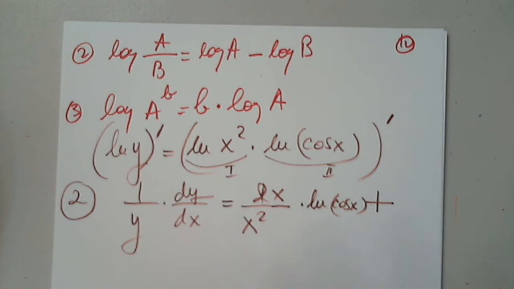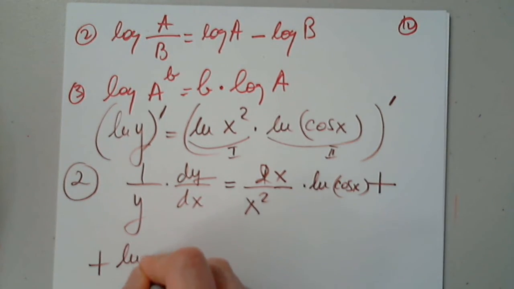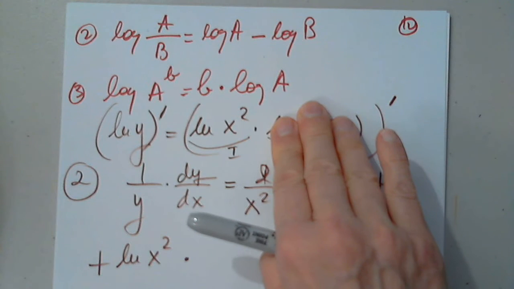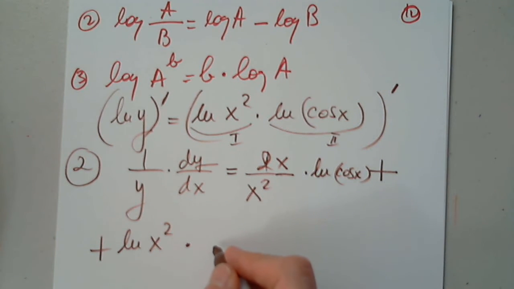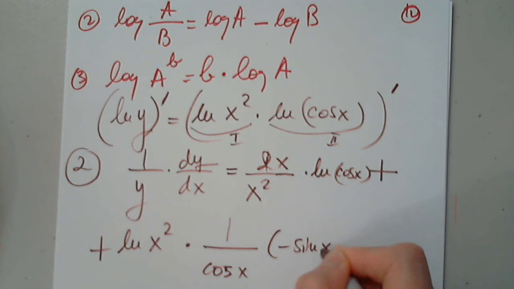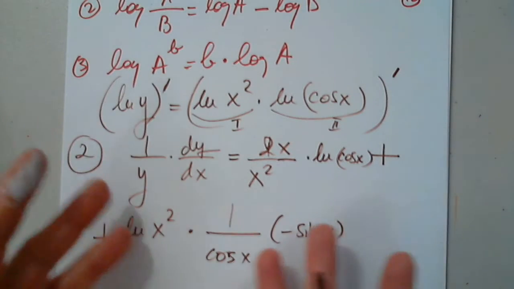I'll come back. We'll simplify it. Plus. Now I copy the first function. Can anyone give us this function prime? So I can put it here. 1 over cos x times negative sine x. Times the inner function prime. Awesome. Now you can say, what's all this?